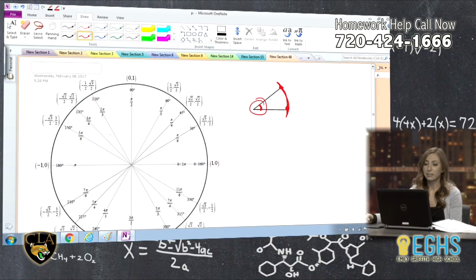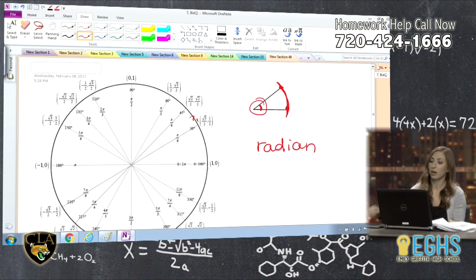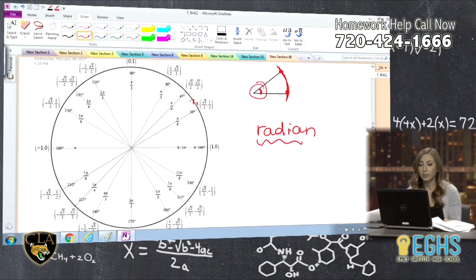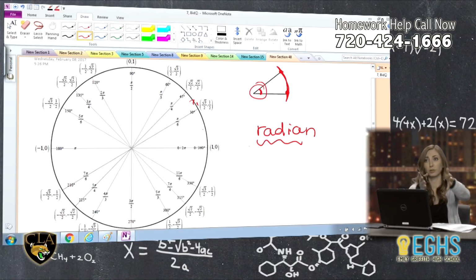Now, a radian is based off of the radius of a unit circle. A unit circle sounds kind of complicated, and what you're looking at might look complicated, but all it is is a circle that has a radius of 1 unit. So it's 1 unit long, and that's actually the distance of a radian.